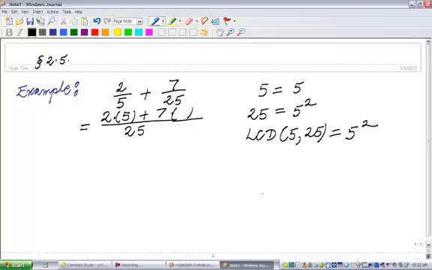And I divide 25 by 25, I get 1. Everybody is on the same page? Okay, so then this is equal to 10 plus 7 divided by 25, which is 17 over 25. Doing okay?